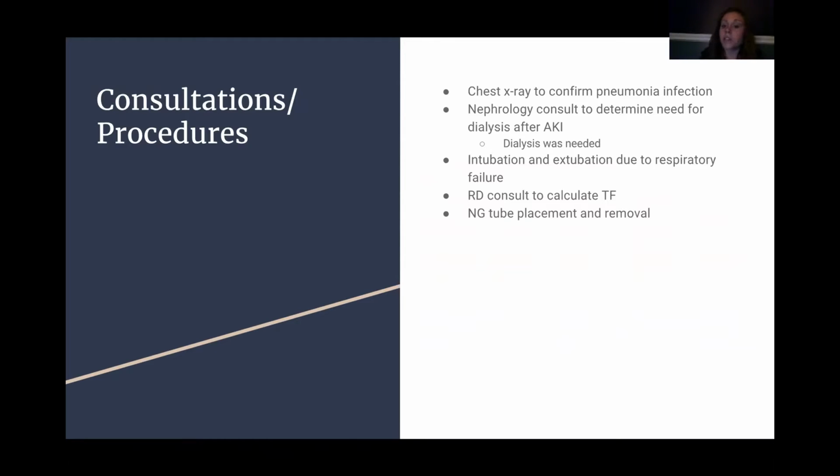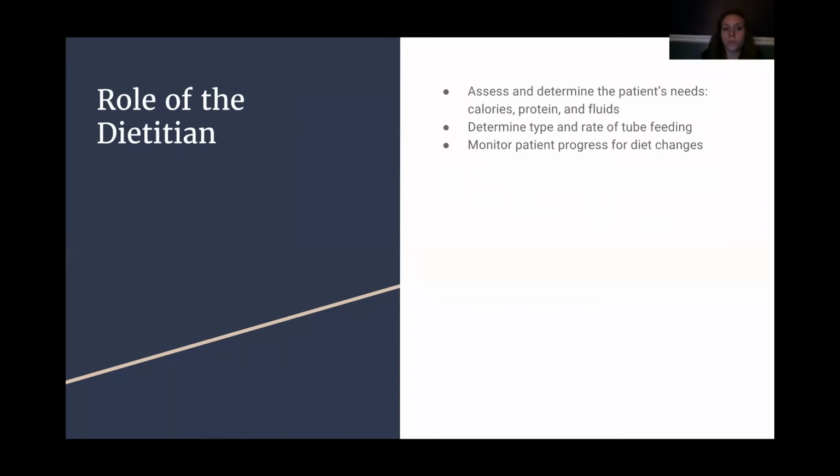He had an RD consult, of course, to calculate a tube feeding for him, and then he had an NG tube placement and removal. So the role of the dietitian was to assess and determine the patient's needs for calories, protein, and fluids. Also to determine the type and rate of tube feeding he would need, and to monitor his progress for any dietary changes.